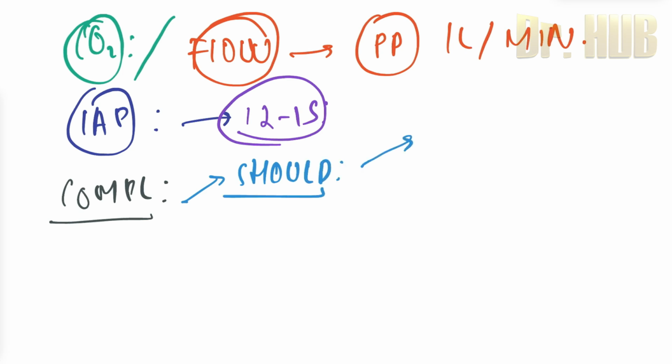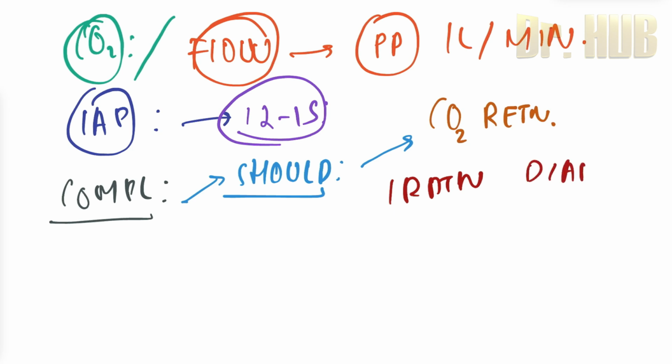It is caused by carbon dioxide retention and irritation of the diaphragm, with pain referred to the shoulder via the phrenic nerve.